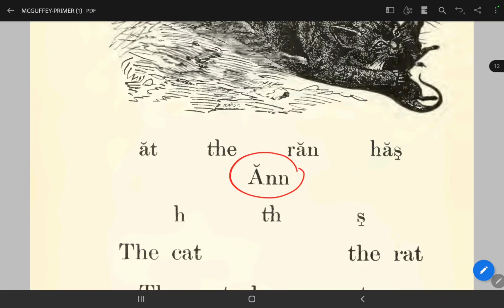And the last new sight word is capital A, N-N. When you see a word that begins with a capital letter like this, that's someone's name. This is the name Anne. Capital A, N-N is Anne.